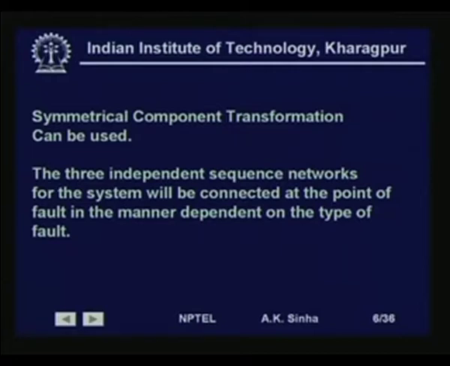Now, we have also seen in the earlier lesson that in case we have balanced three-phase systems, then if we do a symmetrical component transformation, we will get three sequence networks, that is the positive, negative and zero sequence networks, which are independent of each other.